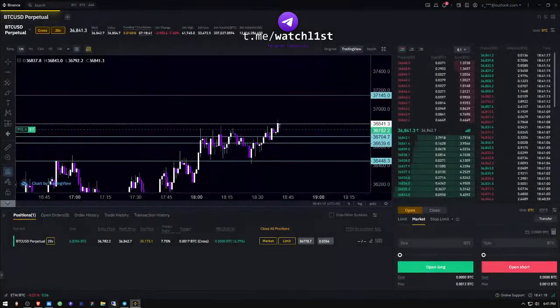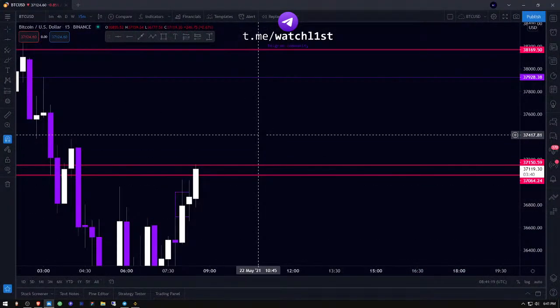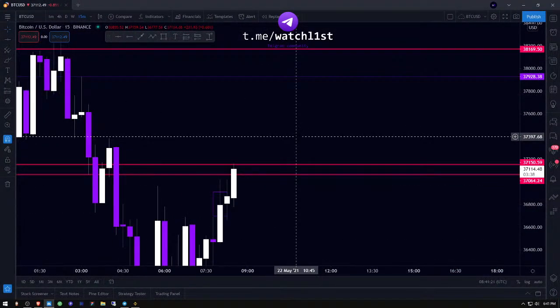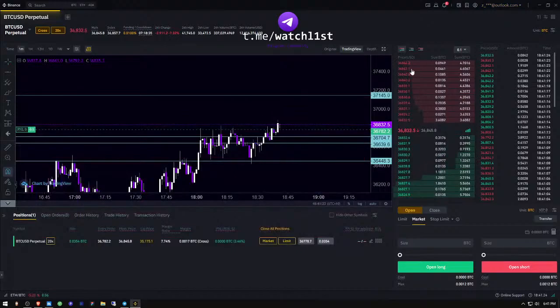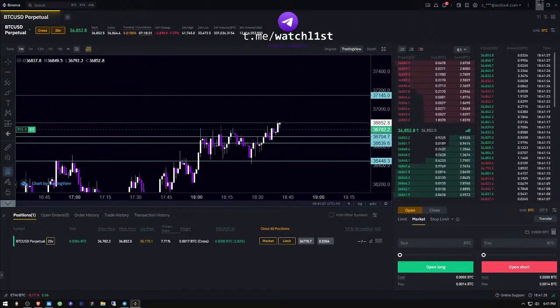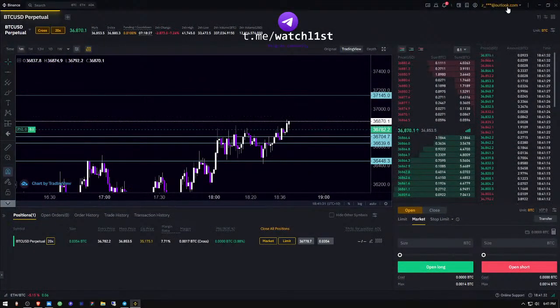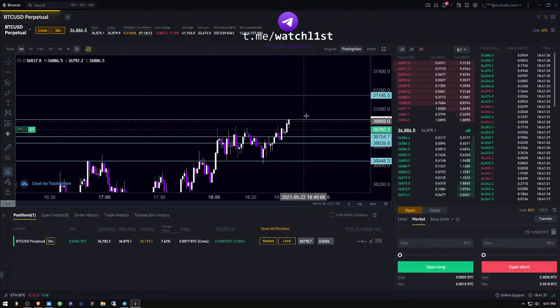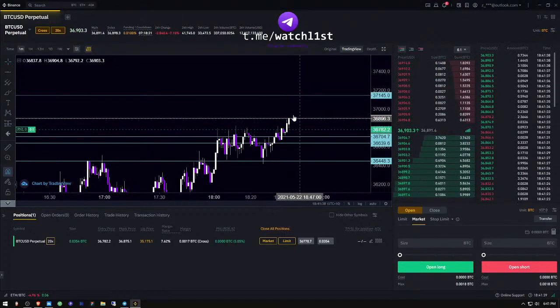Wait, no, what? Is that TradingView playing tricks? What the fuck? Okay, never mind. I'm just mistaken.